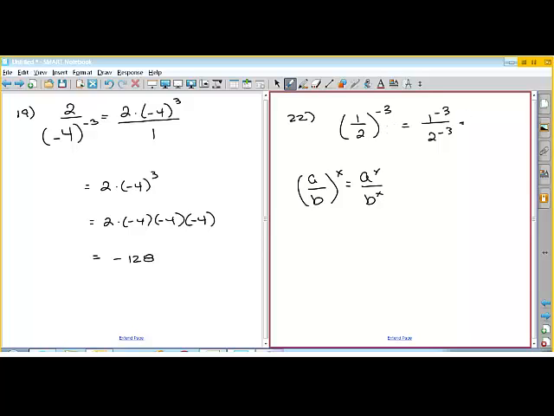Now that they're separated out, I can make the exponent positive by moving it from the numerator to the denominator, which changes the sign. Likewise here, I can change the sign like that. I can then evaluate those. This is 2 times 2 times 2 divided by 1 times 1 times 1. And so the answer is 8.